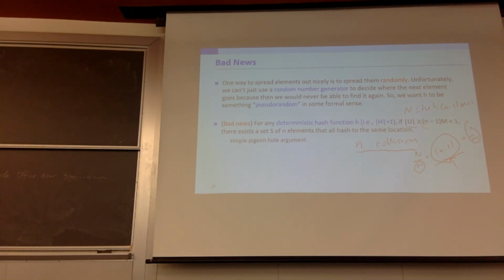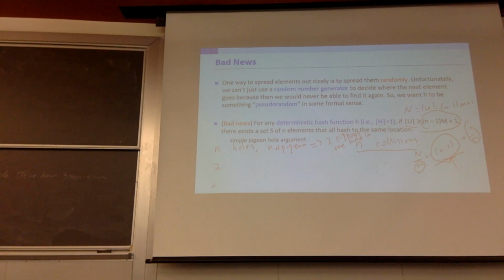This is from the statement of the pigeonhole principle. Basically, it says if you have n holes and n plus 1 pigeons, then you have at least 2 pigeons in one hole.